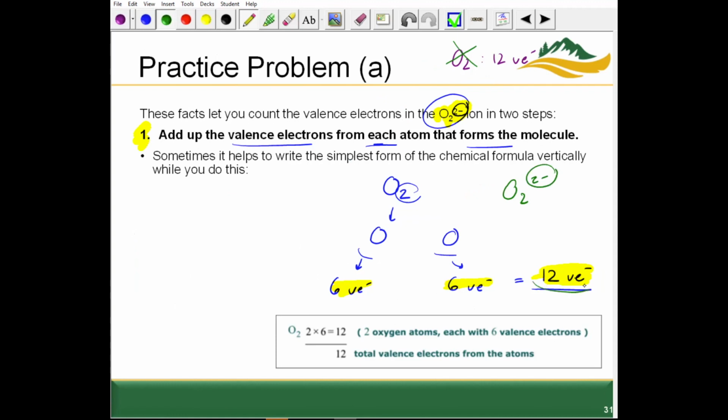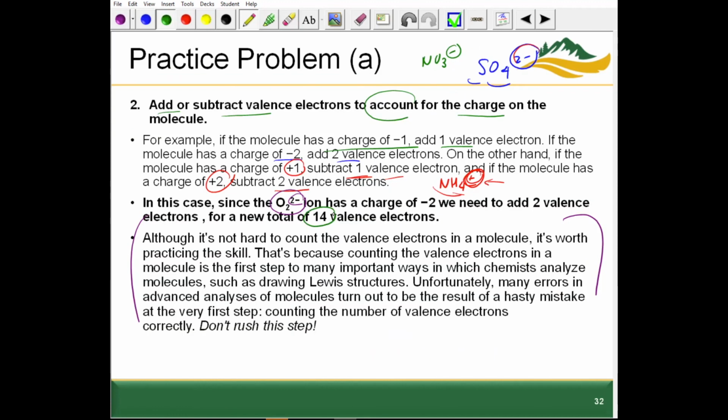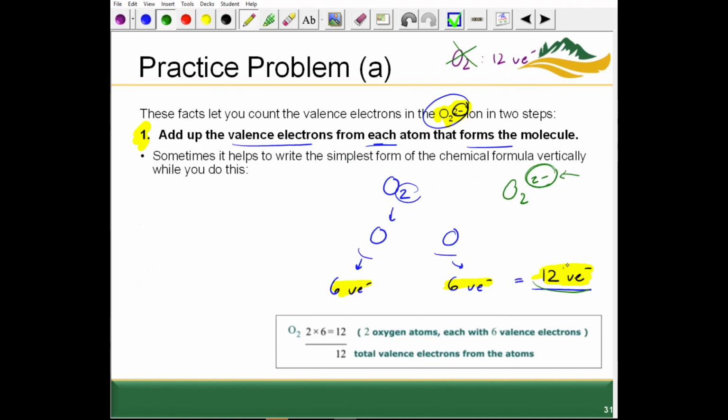This is 12 valence electrons plus 2 more valence electrons that are causing this to have a 2- charge. This means in total, this polyatomic anion will have 14 valence electrons, 12 plus 2. 12 valence electrons from the O2, and because it's O2 2-, an additional 2 valence electrons, totaling 14 valence electrons.